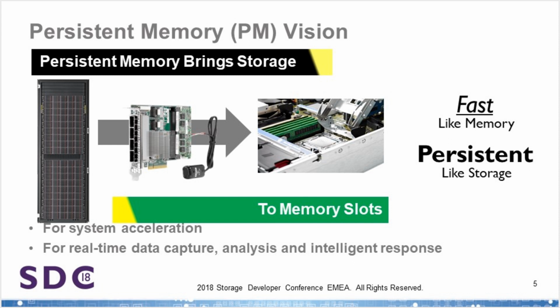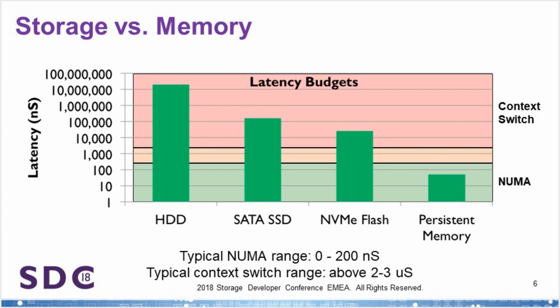I mean, we used to have RAM disks on the old DOS machines, right? That was persistent, sort of, while the power is on. And so you're seeing these latency budgets go down as well, right? And you get to a certain point, you start thinking about, maybe I'll replace my DRAM with persistent memory.